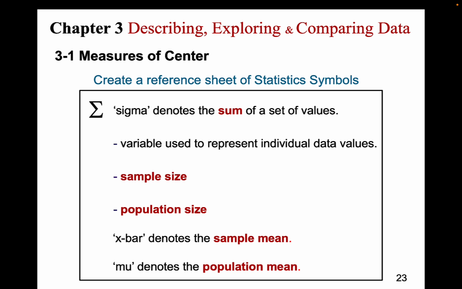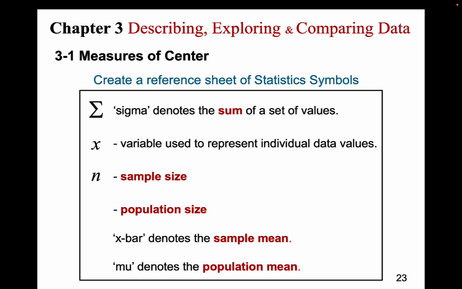If you take a set of values and you add them all up, that's what sum represents. What you have done is calculated sigma. Next variable, x. This is the variable used to represent each of the individual data values. So all of those values that you added up, if we're just interested in one of them, we would call that one x.